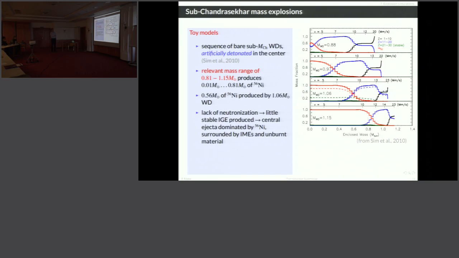And of course, the more massive the white dwarf is, the more nickel-56 you produce. Then you have a layer of intermediate mass elements, shown here in blue, around that, and only the very outer layers have some unburned material. So a characteristic feature of such detonations in sub-Chandra mass white dwarfs is that you have a very clear chemical stratification of the ejecta predicted by that model.